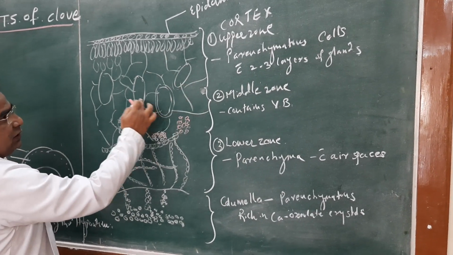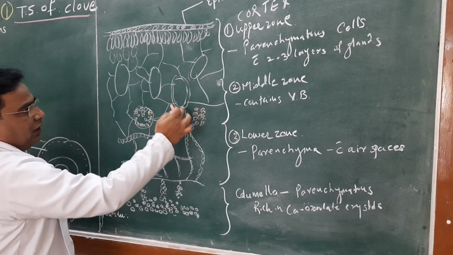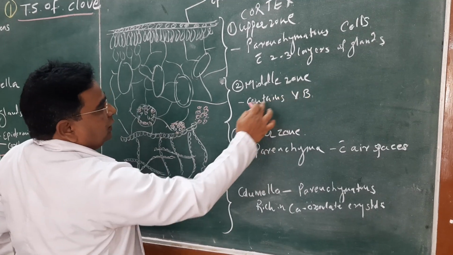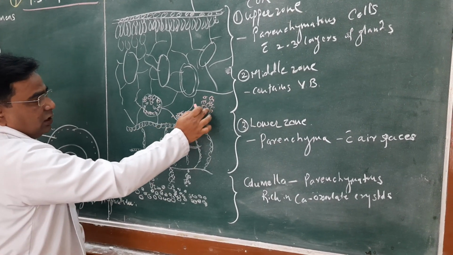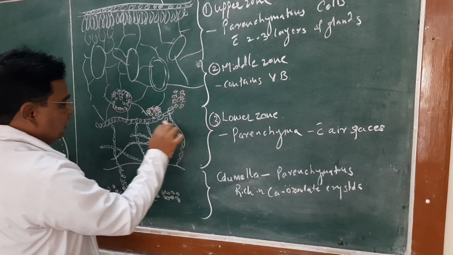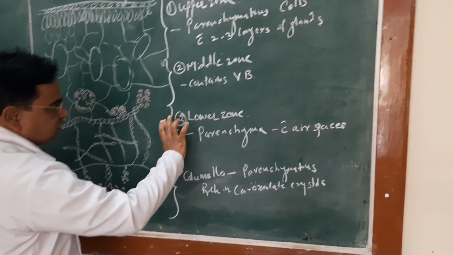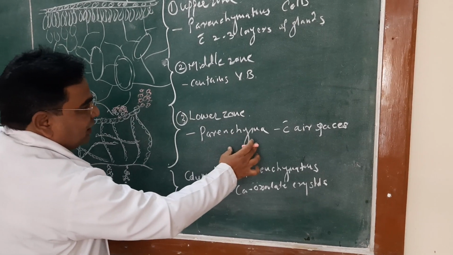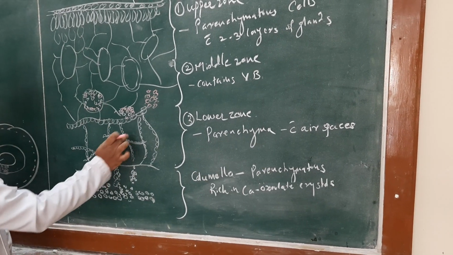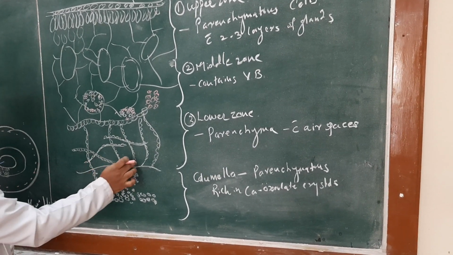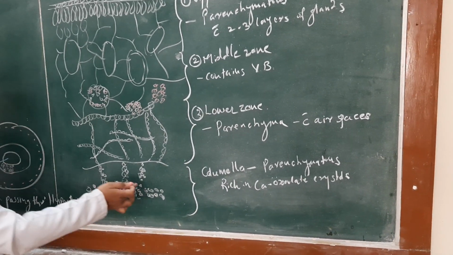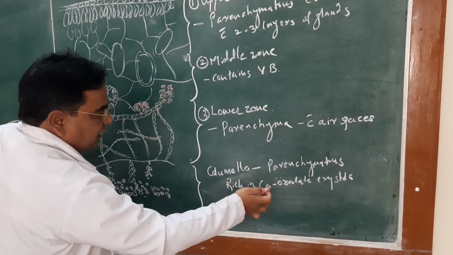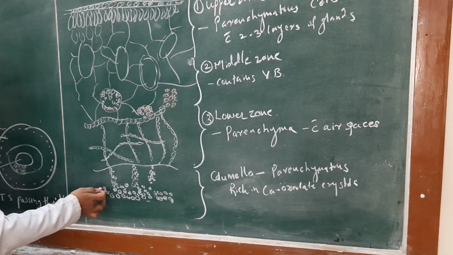Next is the middle zone. It contains the vascular bundle. This red color is the vascular bundle. And the lower zone contains parenchymatous cells with air spaces. These are air spaces. And the last portion of this TS shows the columella, parenchymatous cells, rich in calcium oxalate crystals.